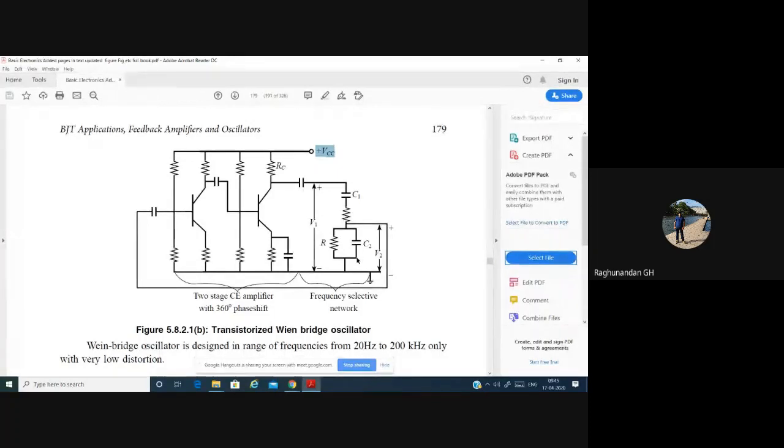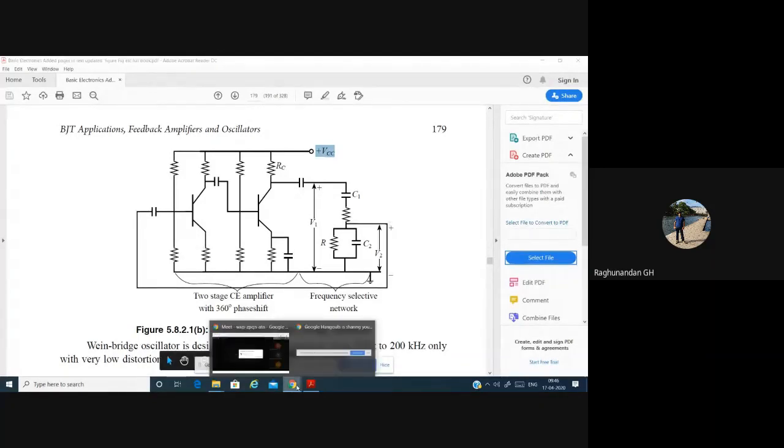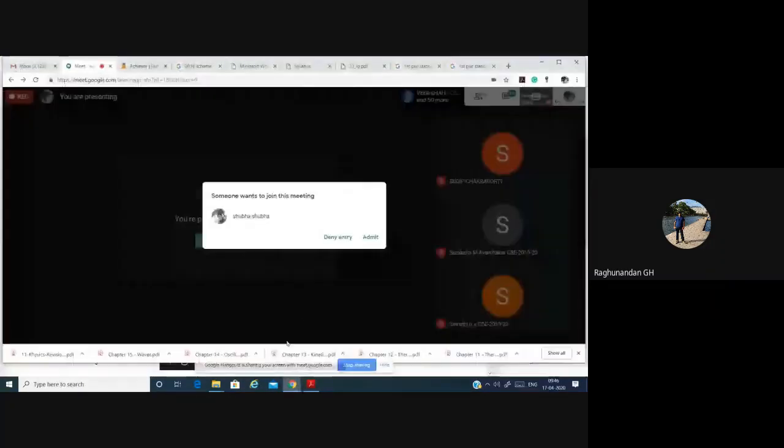But here, we don't need to worry about the phase, because the 360 degree phase is taken care of by the two-stage amplifier circuit. So here we just need to worry about the frequency. Whatever frequency you want, just tune the R and C values to that level, and automatically you'll get tuned to that frequency.